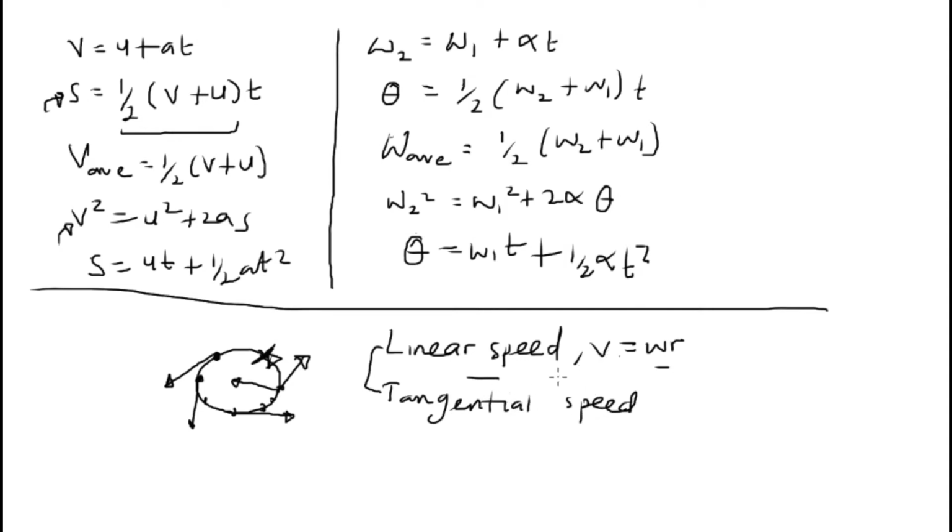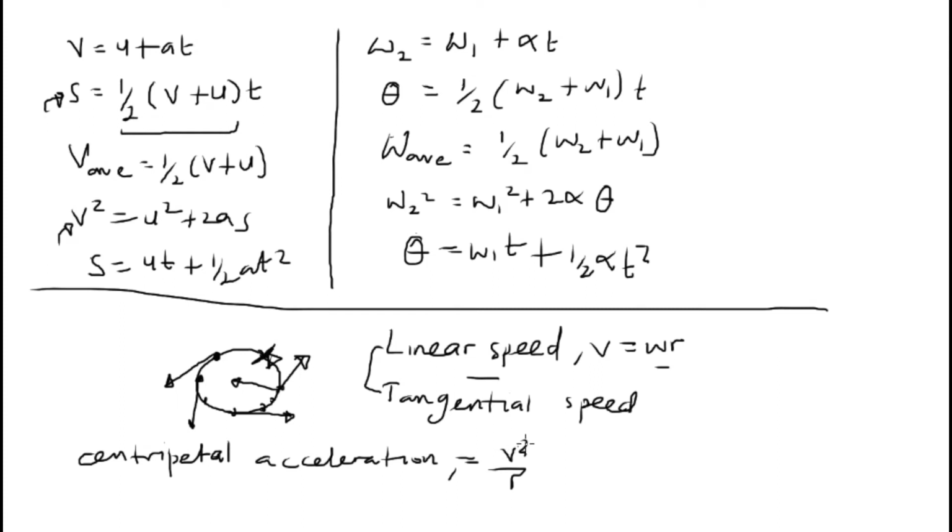So we also have centripetal acceleration. It is directed radially inwards, towards the center of the circle. Centripetal acceleration, for which we can use the symbol a, is equal to v squared upon r.